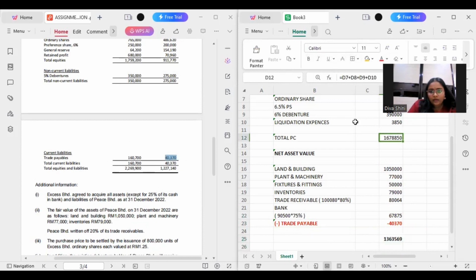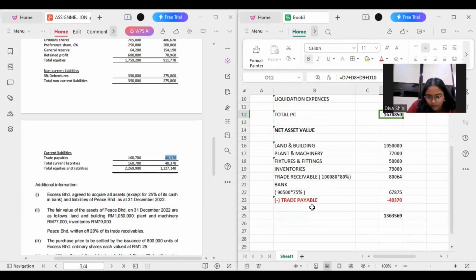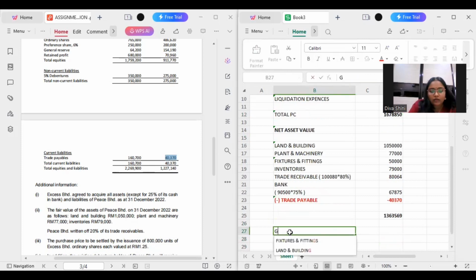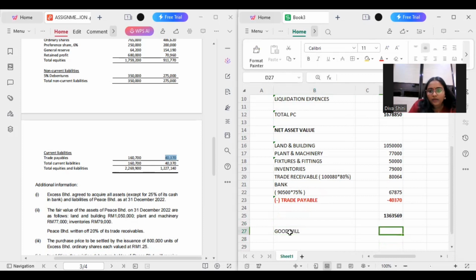And to calculate the goodwill, we need to minus the purchase consideration amount with the net asset value. So this is our total goodwill.